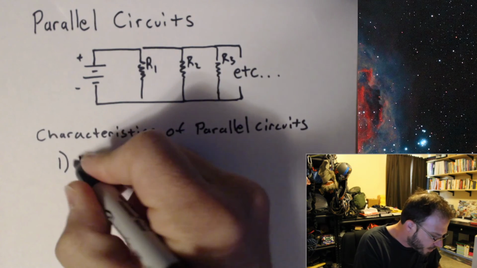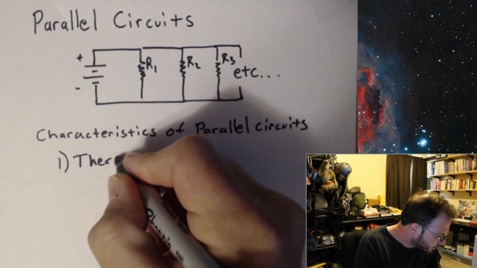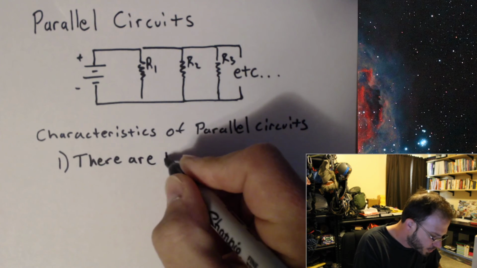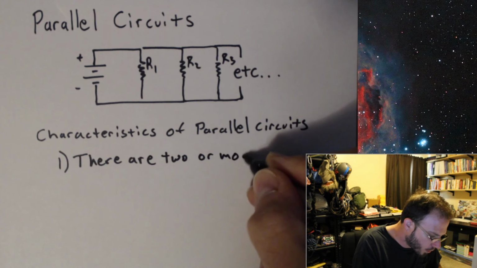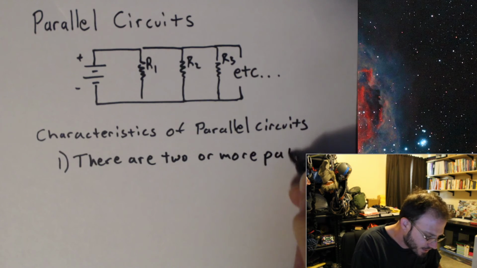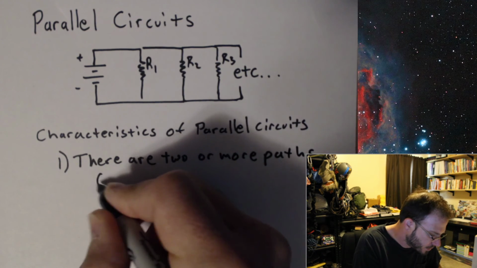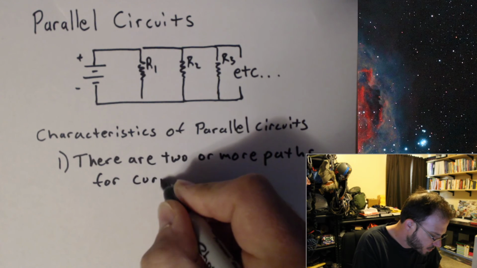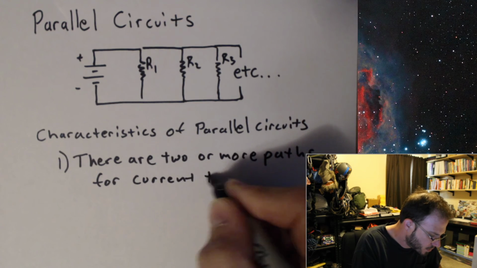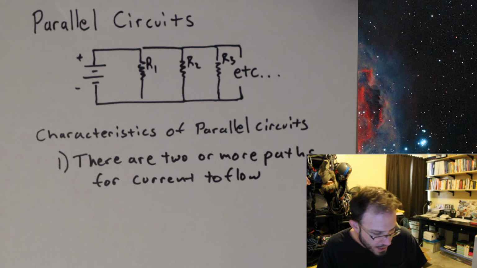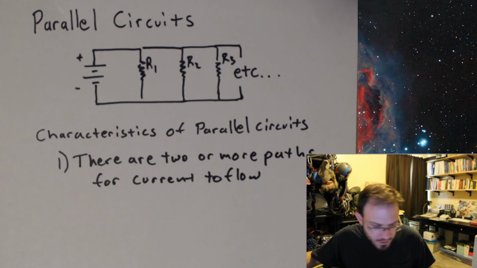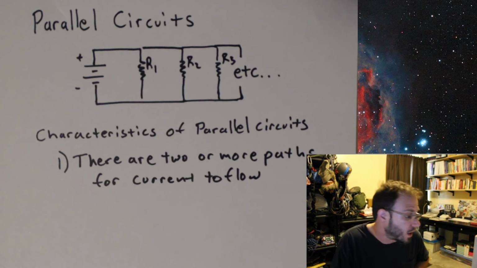So first off, there are two or more paths for current to flow. All right, two or more paths. Now if you remember with a series circuit, there was only one way for that current to go.